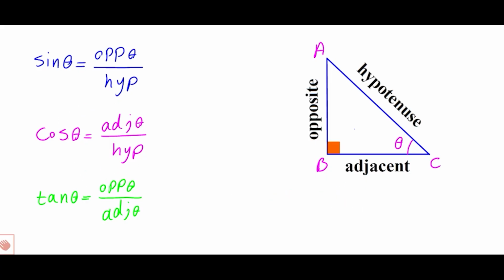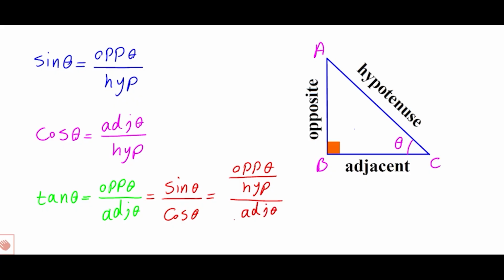Based on the definitions above, we can now write tangent theta is equal to sine theta divided by cosine theta, because sine theta is equal to the opposite side divided by the hypotenuse, divided by cosine theta, which is the adjacent side divided by hypotenuse.